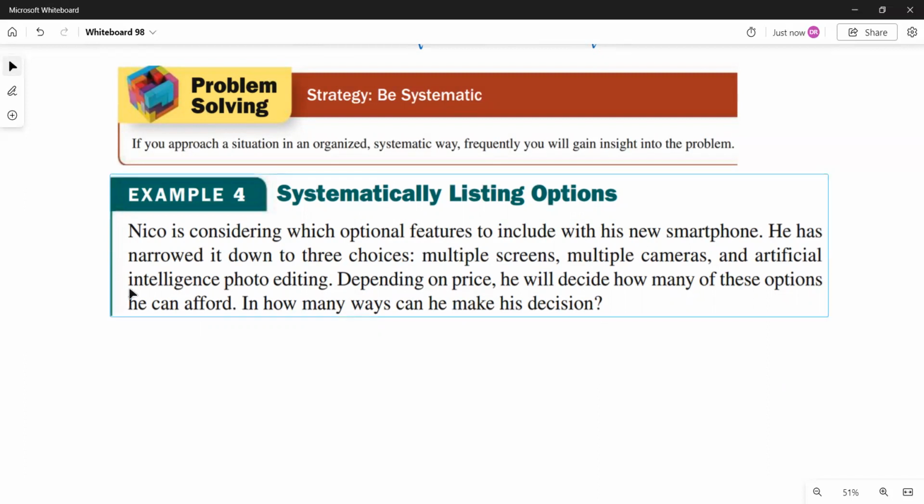So we have 3 choices: multiple screens, multiple cameras, and artificial intelligence photo editing. So let's give names to unknowns.